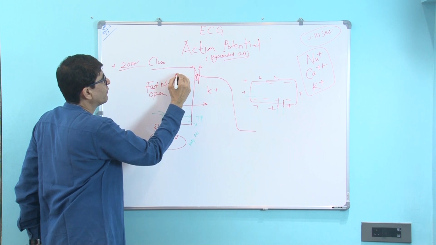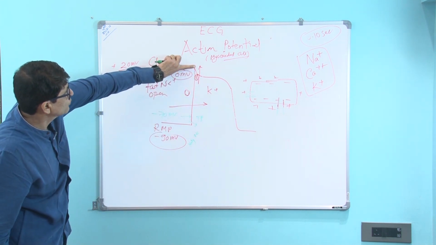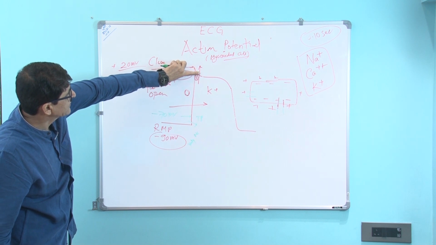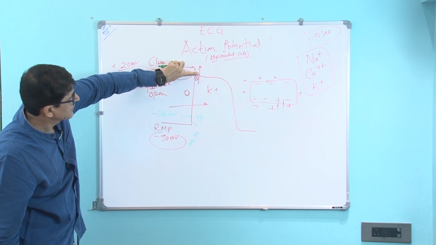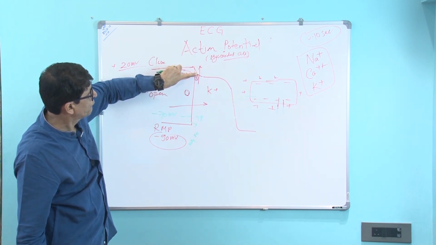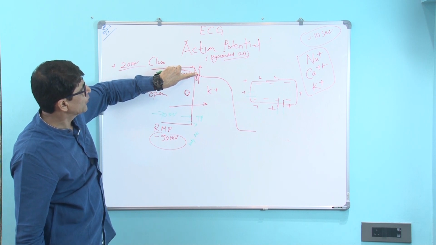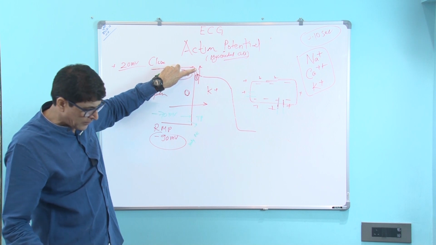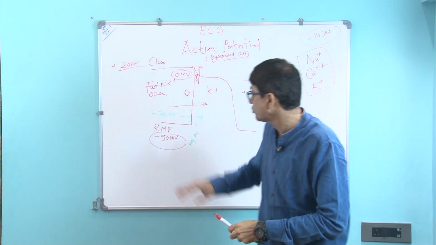So it is 0 millivolt. As soon as sodium closes and potassium channels open, it reaches phase 1. This is the junction of depolarization and repolarization.